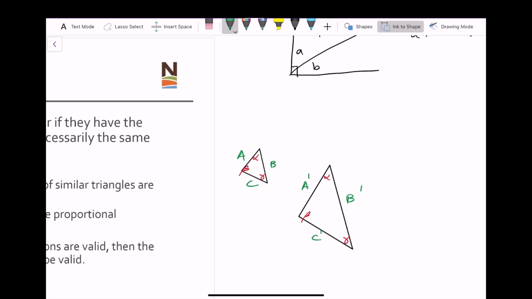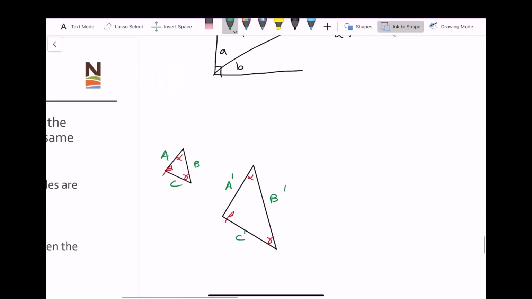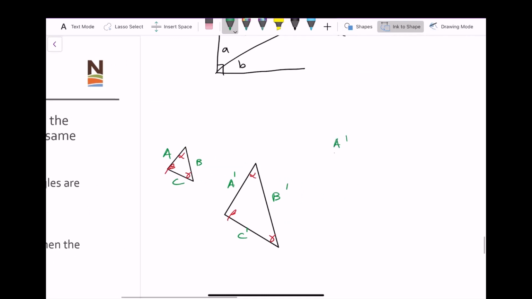However, if you were to take the ratio of A prime to A, and let's say that it is exactly 2, a 2 to 1 ratio, and we looked at the other one, B prime over B, and it's equal to 2, and C prime over C is also equal to 2 to 1, then again, they would be considered similar triangles.